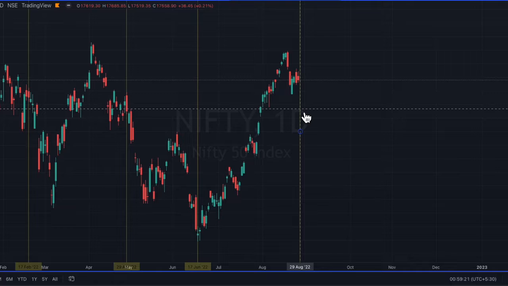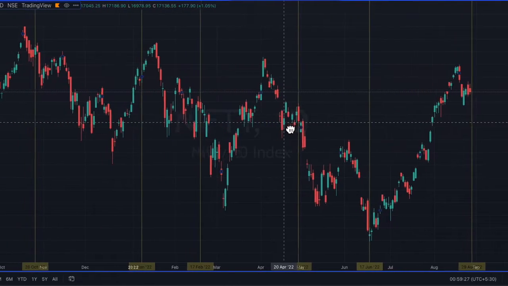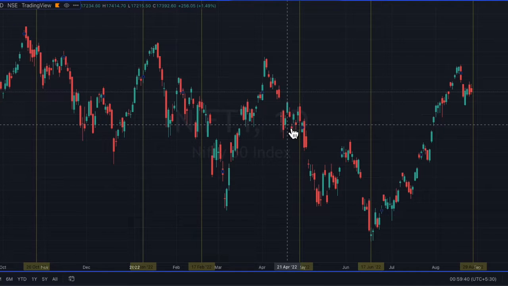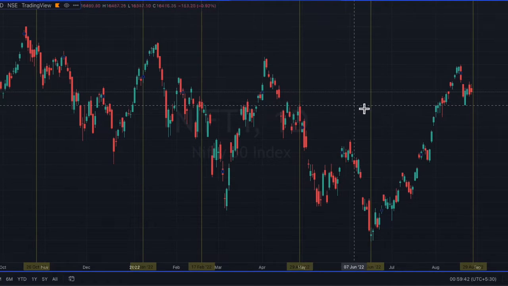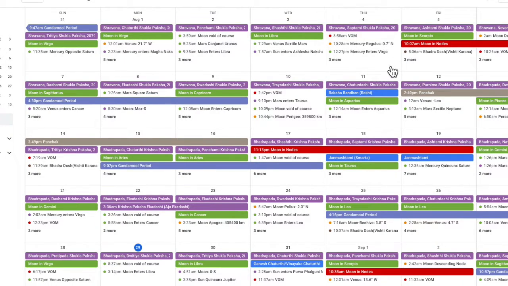Let's wait and watch. This astronomical event, like many other events, is very handy to know in advance so that you can trade with certain confidence, and it also acts like a warning. I particularly use a calendar which I've developed, a Google Calendar, which has all the astronomical events put into one place.